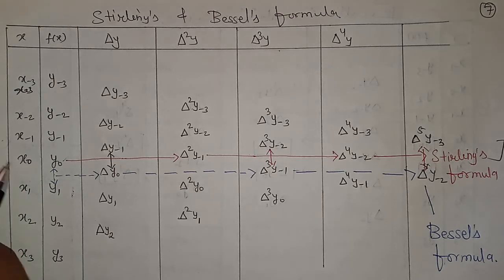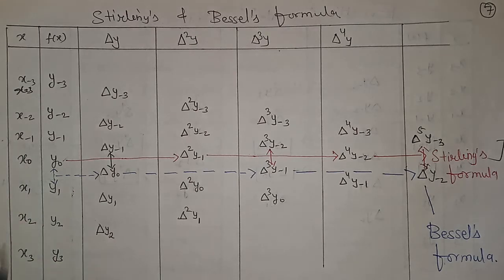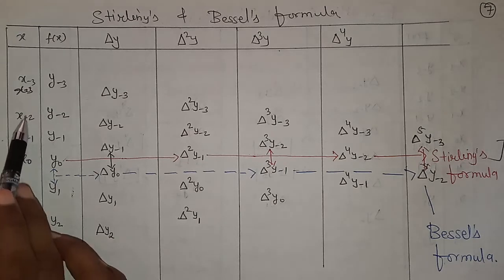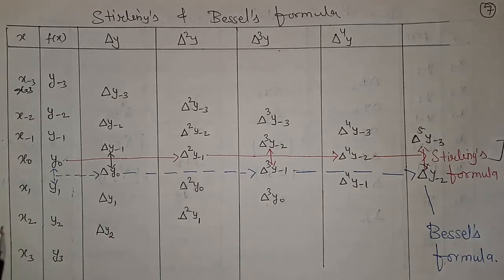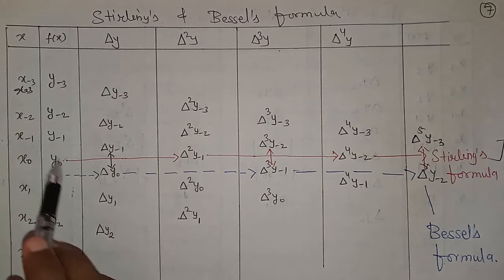If there are even values, then we will select one of them as x0 and the other as x1, which we will easily understand in questions. Here, since there are odd values, we give the center value as x0, then x minus 1, x minus 2, x minus 3. Similarly, after x0 come x1, x2 and x3, and for every x there is some y.